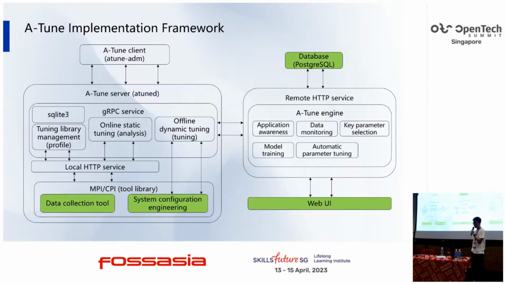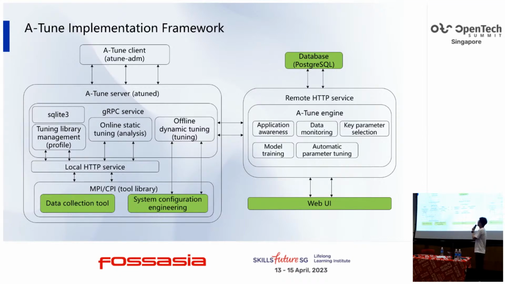Now I will give the A-tune implementation framework. The framework includes three parts: A-tune server, A-tune client, and A-tune engine. The A-tune server includes data collection tool and system configuration engineering. The A-tune server must be installed on a target device.